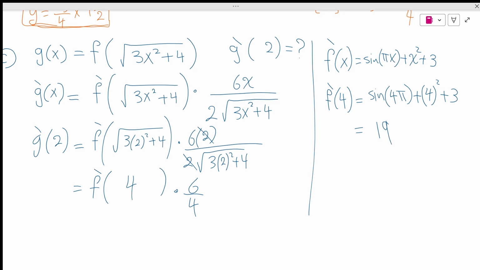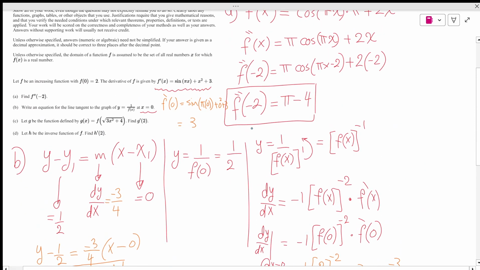So 19 times 6 over 4, this is going to be 3 over 2, so this is 57 over 2. This is what g prime of 2 is. That is the third part.